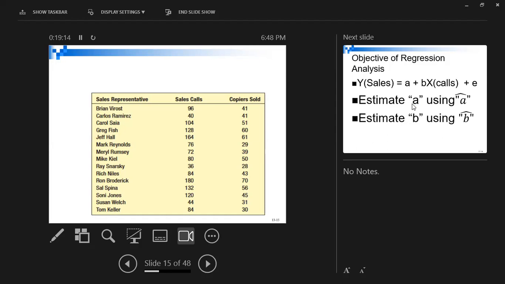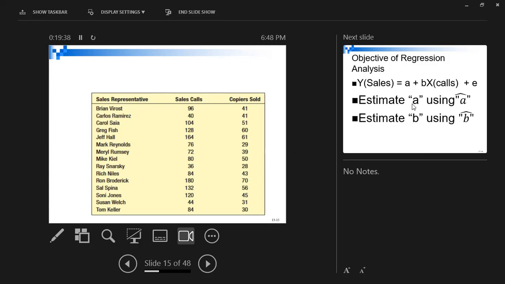Once we figure out a hypothesis, we select alpha, the level of significance, and that gives us the critical value.